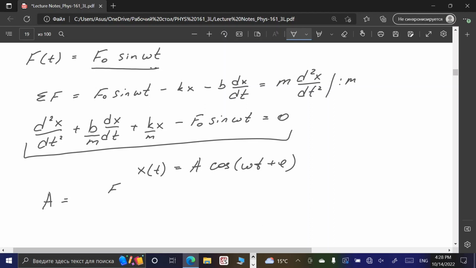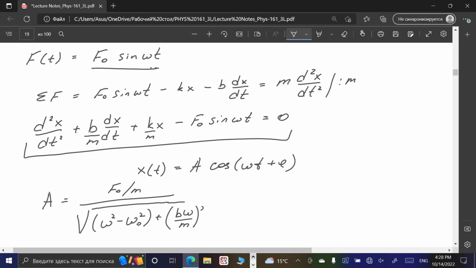So we have F naught divided by m divided by square root of omega square minus omega naught square, and here will be plus b times omega divided by m, square, and here we have also square.